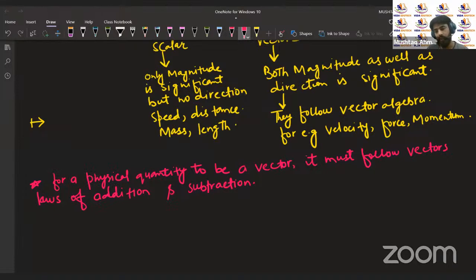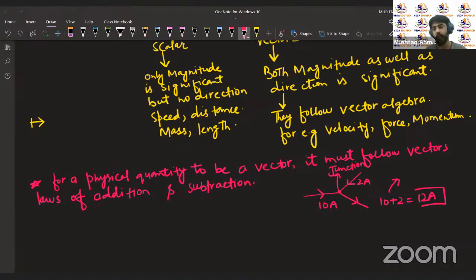Like in case of current, let's suppose that a current of 10 ampere enters this junction. This is a junction here. From this side, and 2 ampere current will enter from this side. Then the amount of current leaving this junction will be 10 plus 2, that's 12 ampere. And this is a normal algebraic addition, not vector addition.